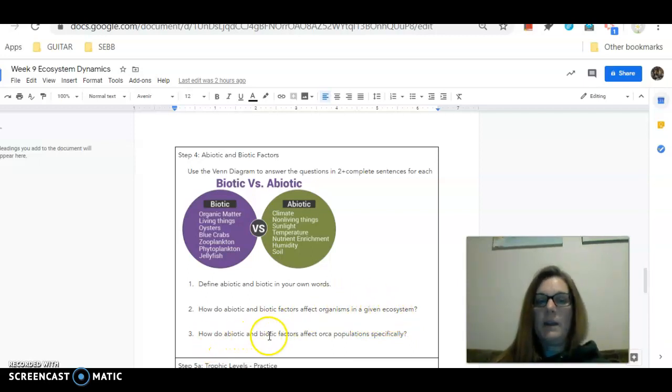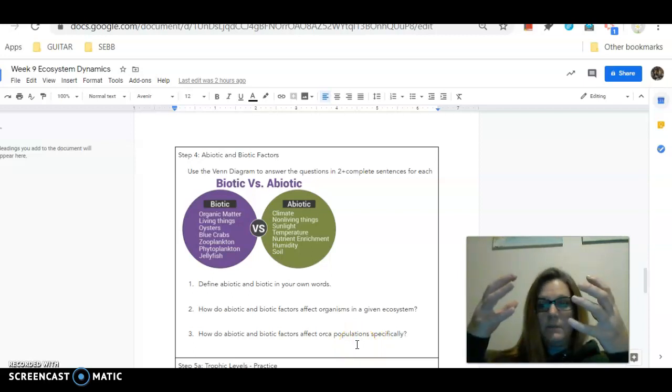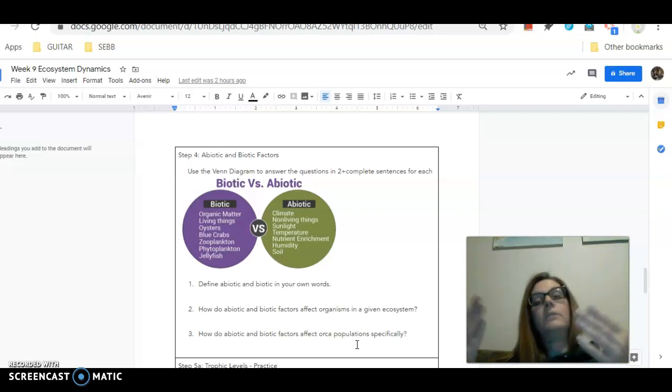Then how do abiotic and biotic factors affect orca populations? So again, very similar. We're taking it from what is this concept? What is this concept in general? And then related to orca. So very similar to what is a food web? Give an example of a food web, and then think about the food web of an orca. All right, same thing with abiotic and biotic.